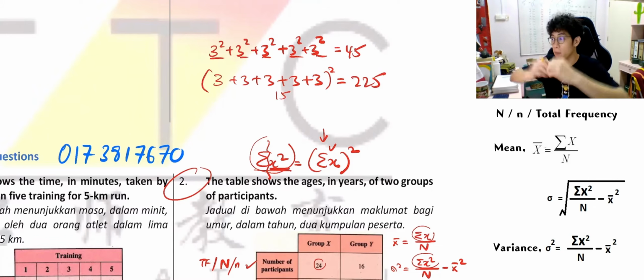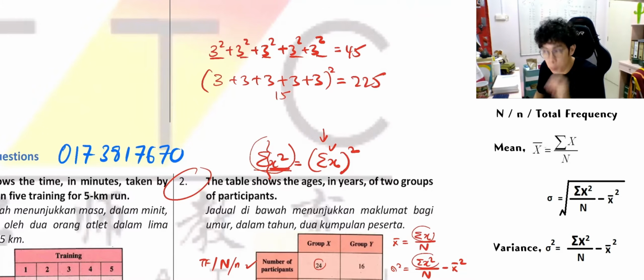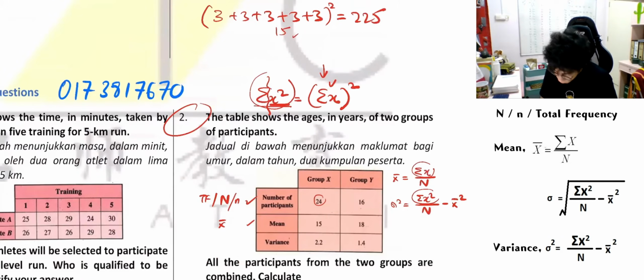Gone. Your answer becomes boom. So I'm pretty sure some students get 70 plus for your B answer. Anyone get 70 plus for B answer? 71.01 if I'm not mistaken, something like that. So that's because of this.